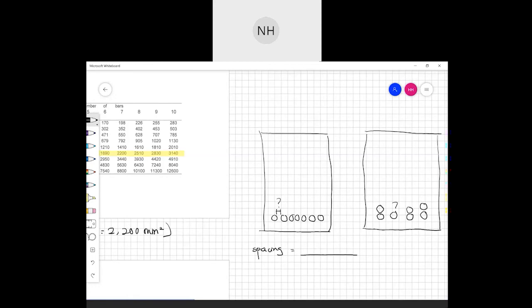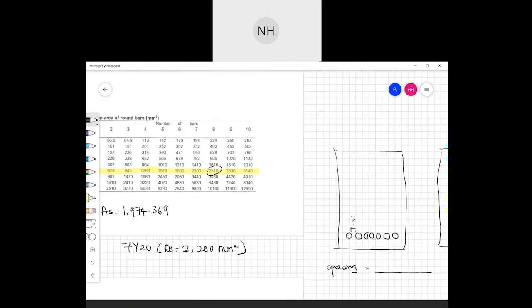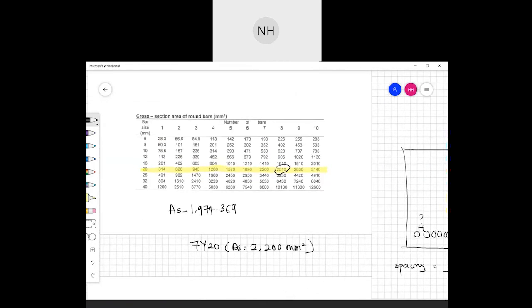Faham ya? Boleh faham? Okay. So we are forced to select 8Y20 because we need it untuk berpasangan macam ni lah. Okay, so dia akan ada couple. Okay, jadi kita ambil 8Y20, AS dia adalah 2510. Okay, ini dia. Okay, 2510 inilah.